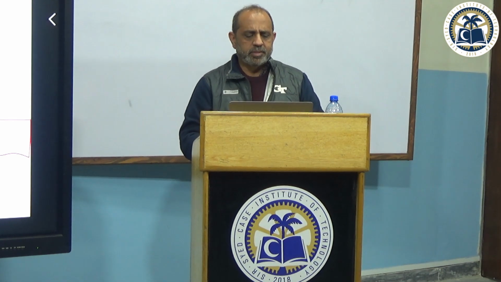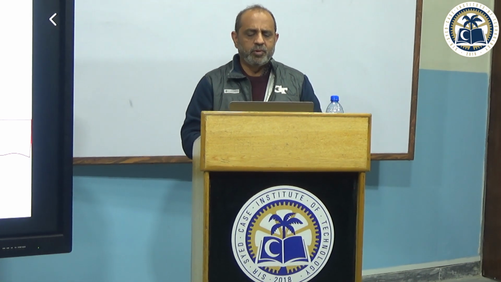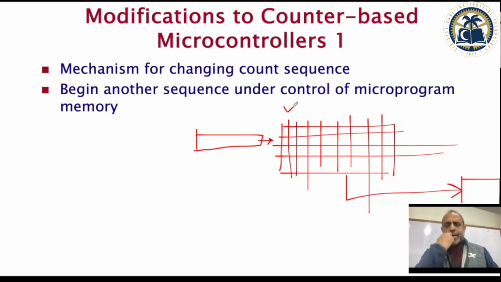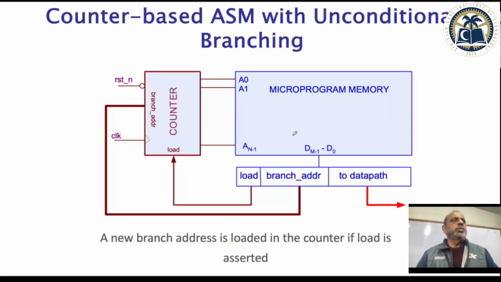But now you say, though I am always going to do this, sometimes I may want it to jump somewhere. I'll go to a statement, like say I'm doing this, and here I say go and execute that part of the code. So now if I want this capability, this is the data path, and here you want to say go and execute this.